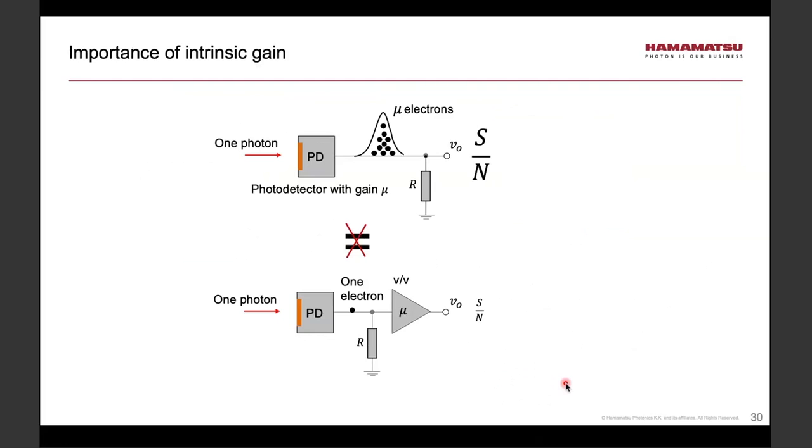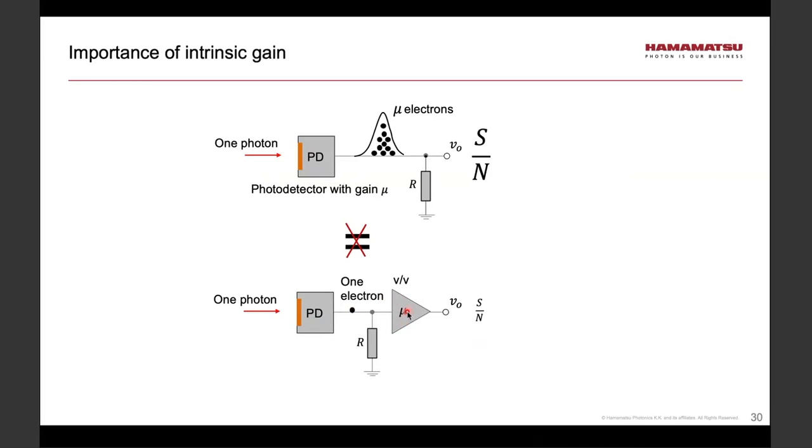Now, this slide reminds us why intrinsic gain is advantageous. We have two situations: the photodetector in the top panel has intrinsic gain mu, and in the bottom panel it does not. So gain here is 1, but we have a voltage-to-voltage amplifier with gain mu.